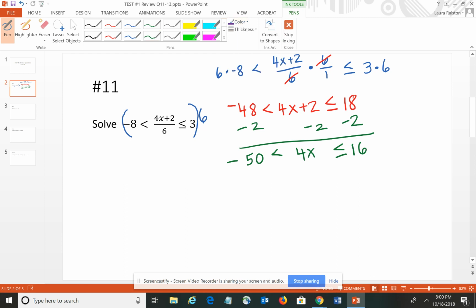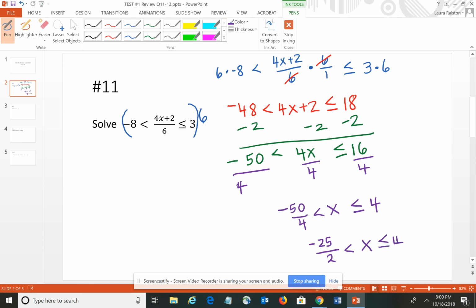So I have negative 50 divided by 4, 4x divided by 4, and 16 divided by 4. So I have negative 50 over 4 is less than x, which is less than or equal to positive 4. Negative 50 over 4 is a fraction, but it'll simplify to negative 25 over 2, which is less than x, less than or equal to 4.